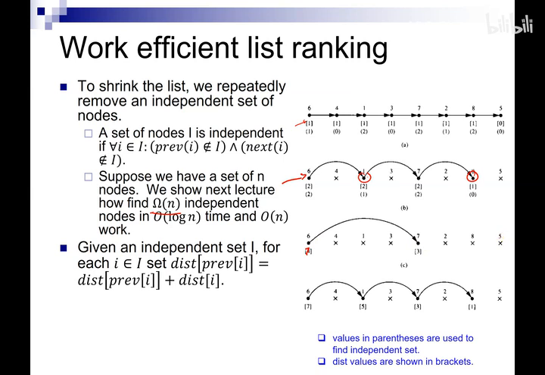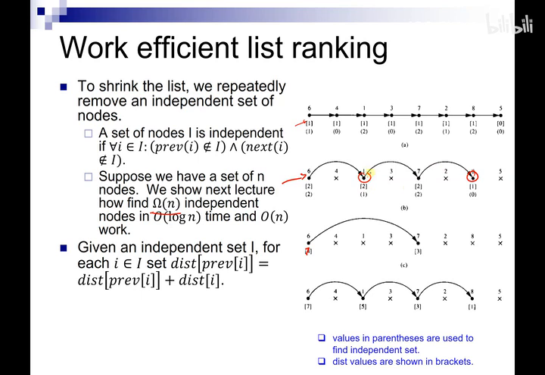Right? And the reason they have the correct distance is that each time we took out one of these independent nodes, we took its distance and added it to the previous node's distance. That way we preserve the distance to the end. In other words, at any point in this process, after you've removed a set of independent nodes, if you follow all these pointers and add up all of these distances along the way, then you get the correct distance to the end.